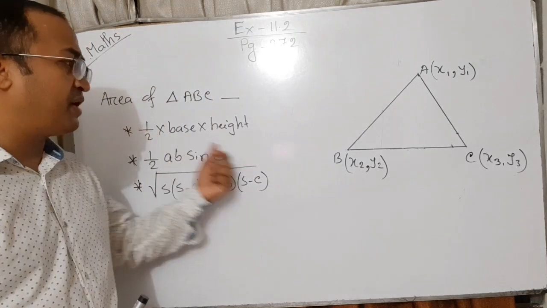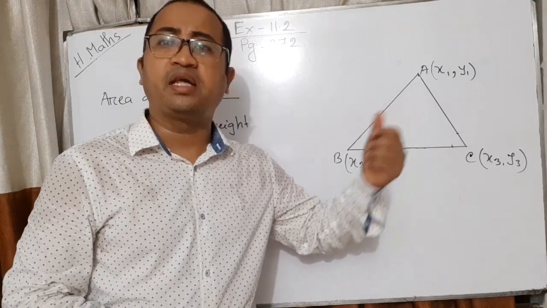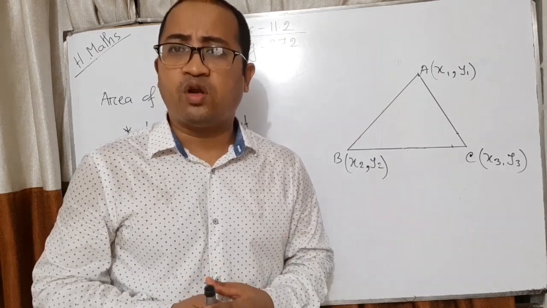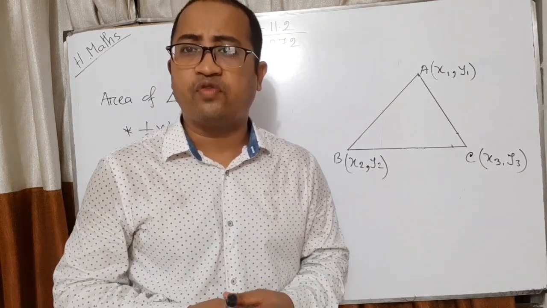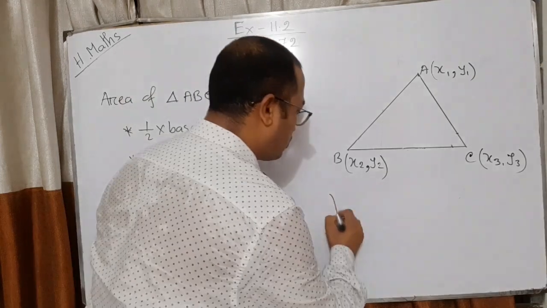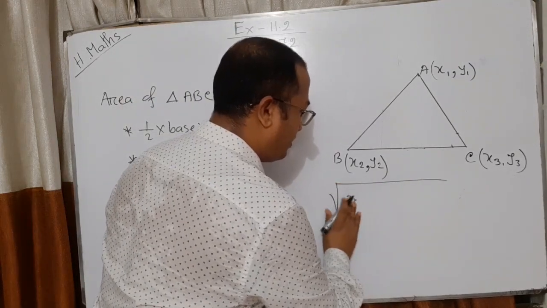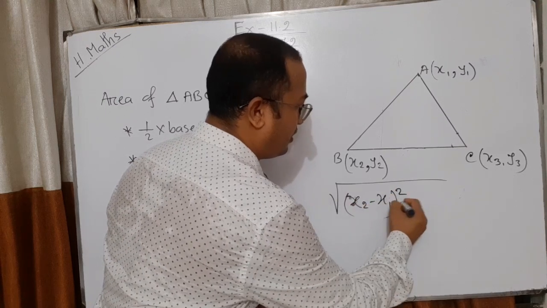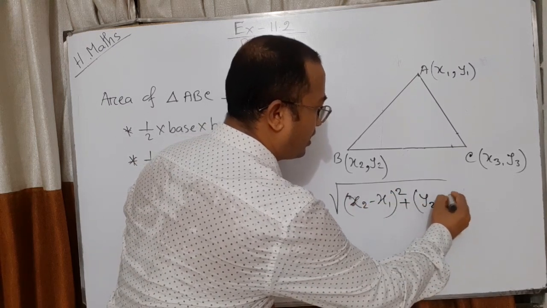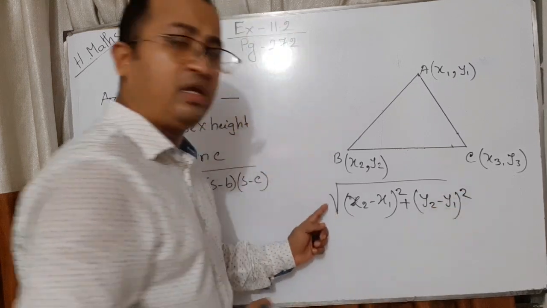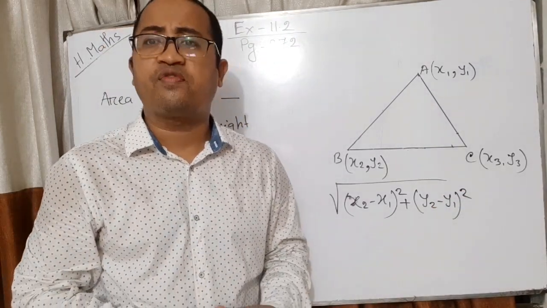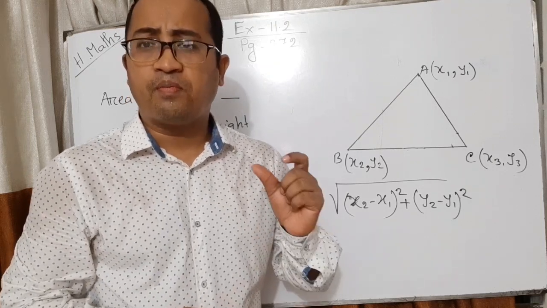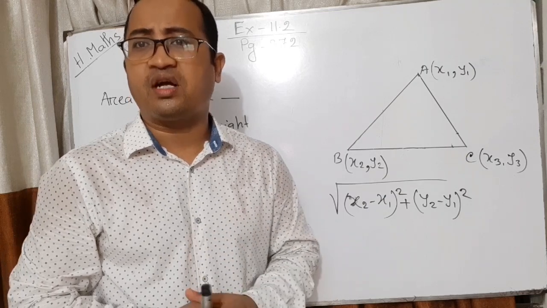Look, you can find out the base, that is BC, by using the distance formula. I think all of you know the distance formula, which you have learned in 11.1. That is root over x2 minus x1 whole square plus y2 minus y1 whole square. You can find out the distance of any line if you know the coordinates of the end points of that line.